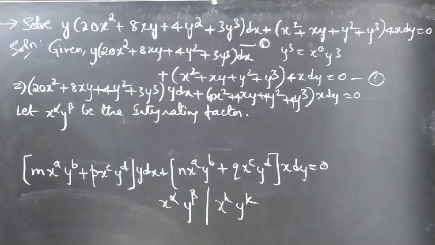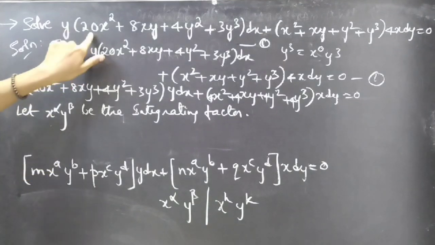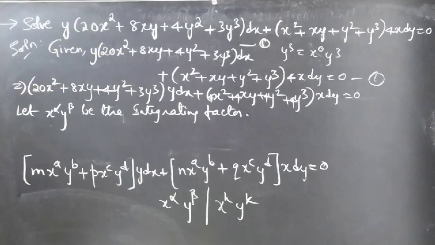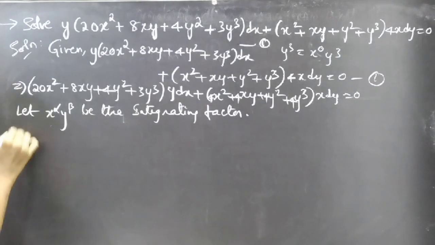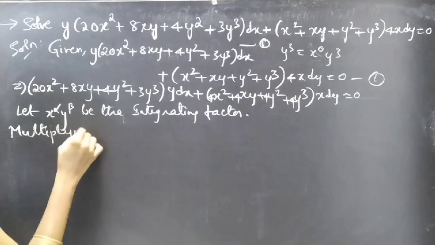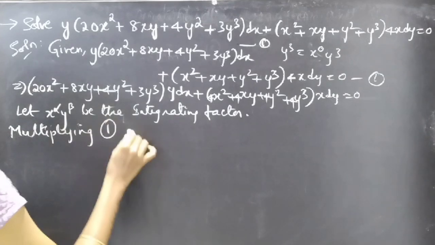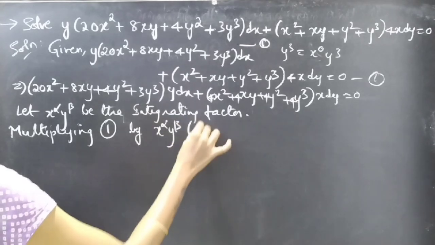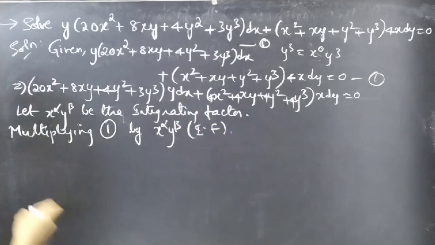Right? So what we'll do? Now we'll just multiply this integrating factor to the given differential equation so that it is reduced to an exact equation. So let's see that. Multiplying equation 1 by the integrating factor x^α y^β.